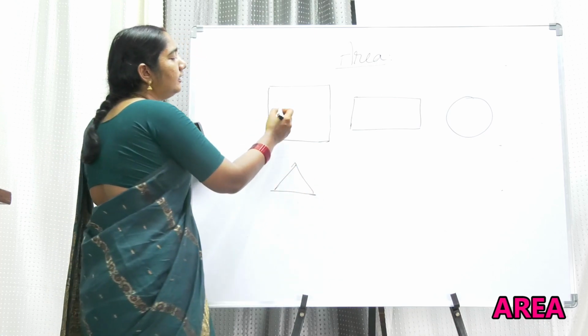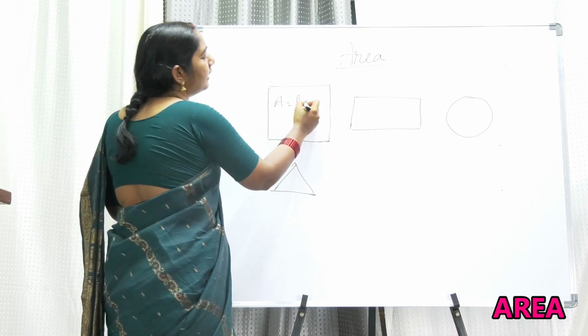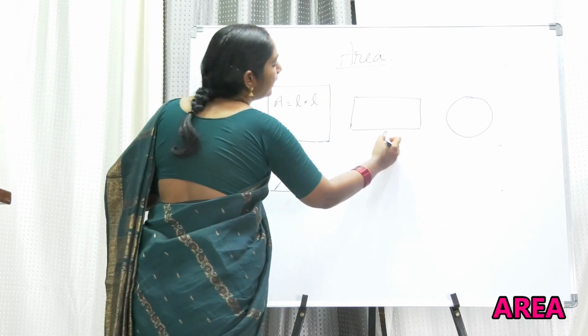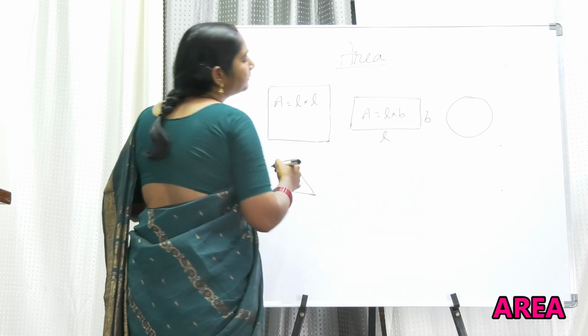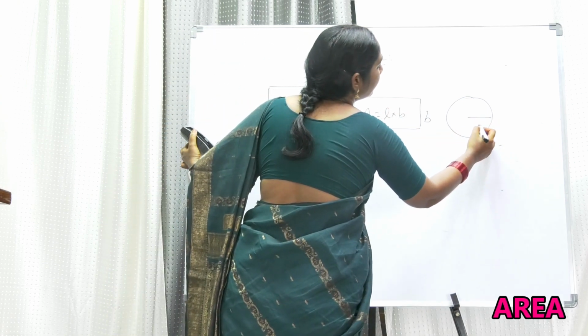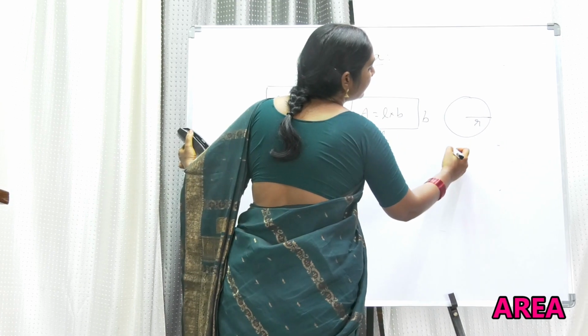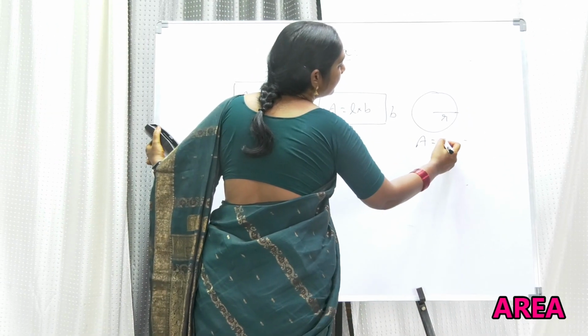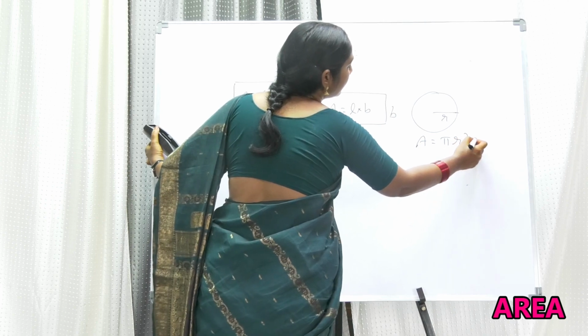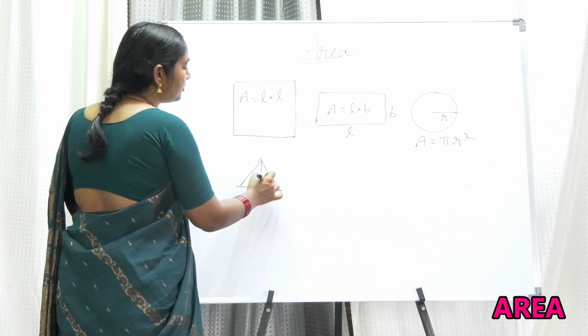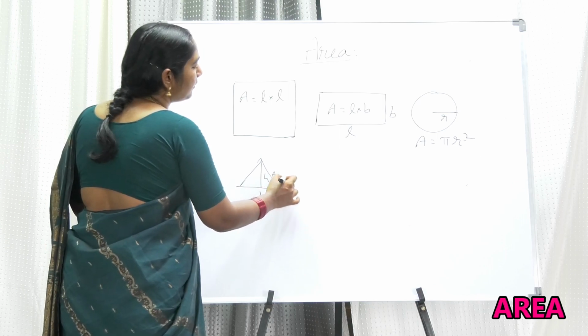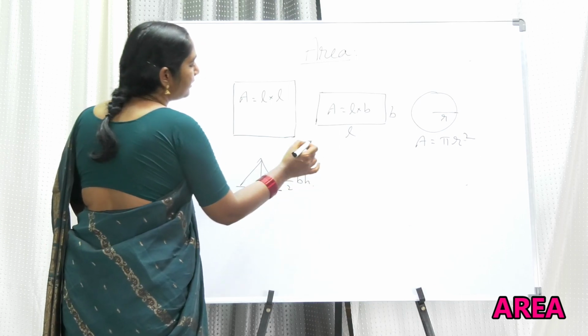The area of a rectangle is nothing but length into breadth. If the radius of the circle is r, the area of the circle is nothing but pi r square. If the base of the triangle is b and the height is h, the area is nothing but half into base into height.